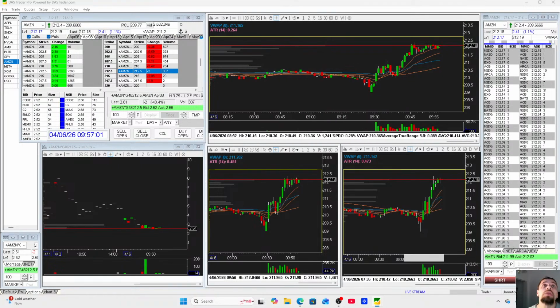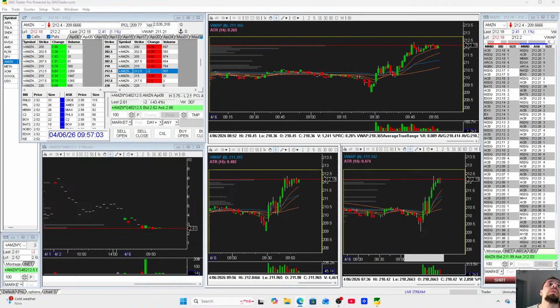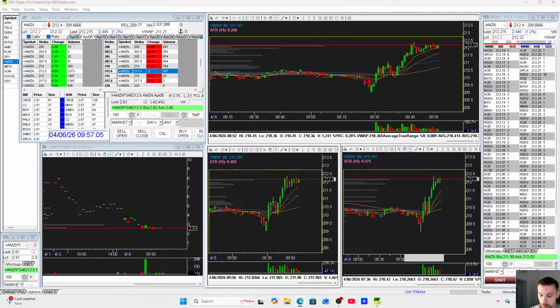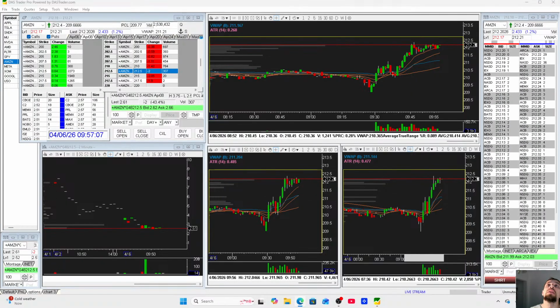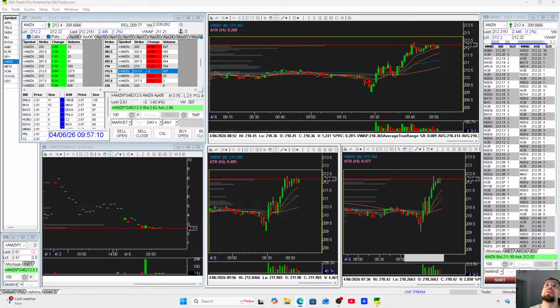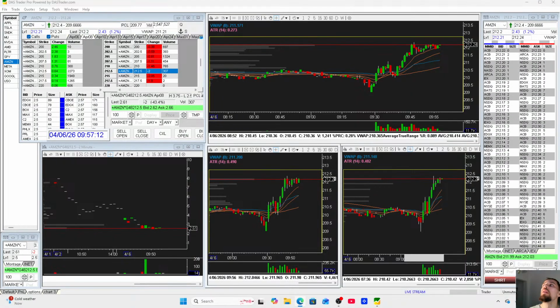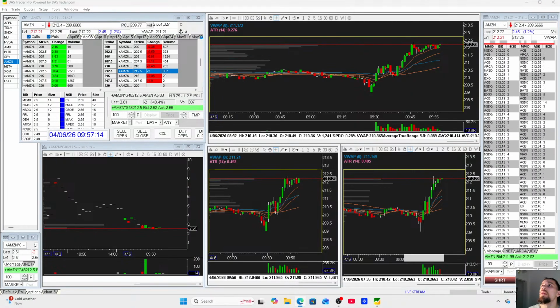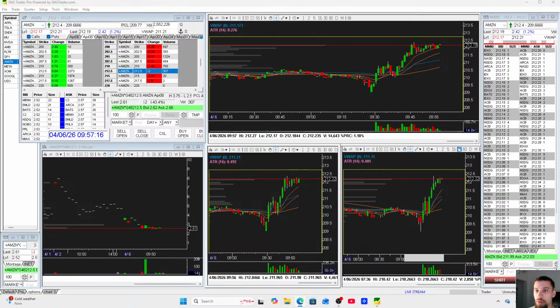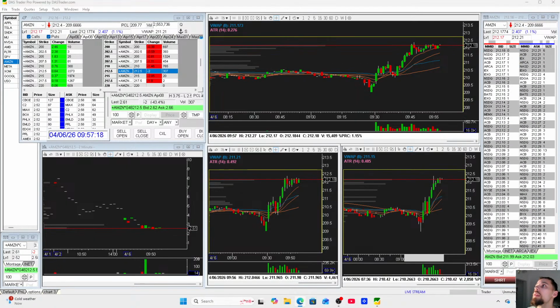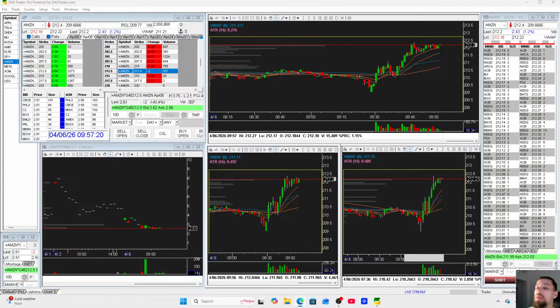Apple's been working its way up. It's on Amazon here. $215 is the next decent order for Amazon. $213 has a good size order.